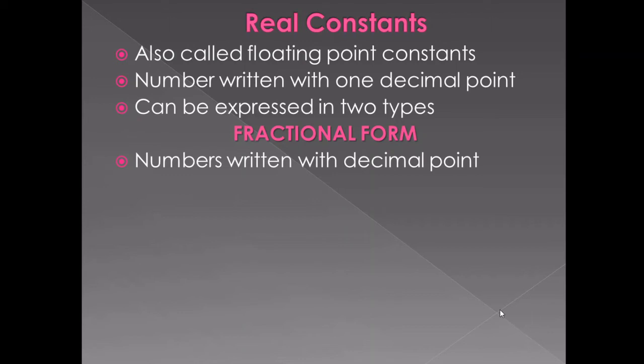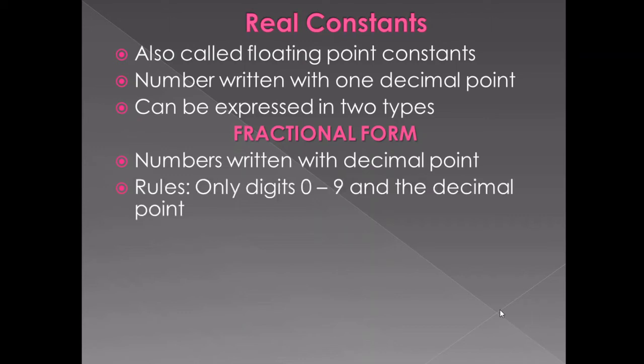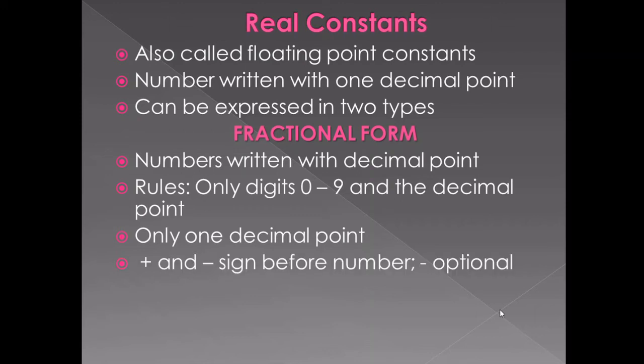It's written with only a decimal point. So what are the rules for writing a real constant? It consists of only digits from 0 to 9 and a decimal point. There should be one and only one decimal point. If you have more than one decimal point, the compiler will find an error.